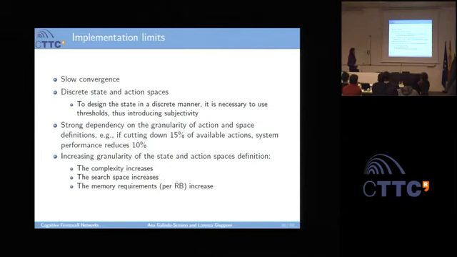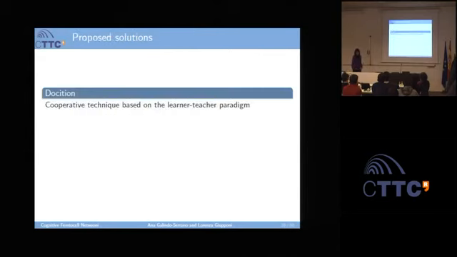Also, the search space will increase, so we will need more time for learning, and also the complexity of the system will increase. So, to solve these problems, I just have to go very fast now.